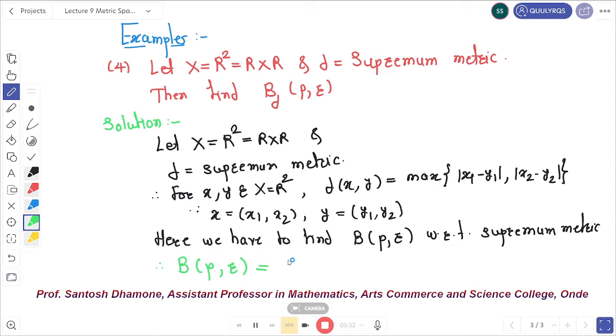This is the definition of open ball in a metric space.